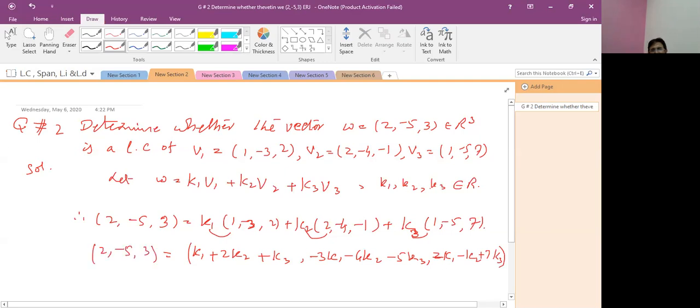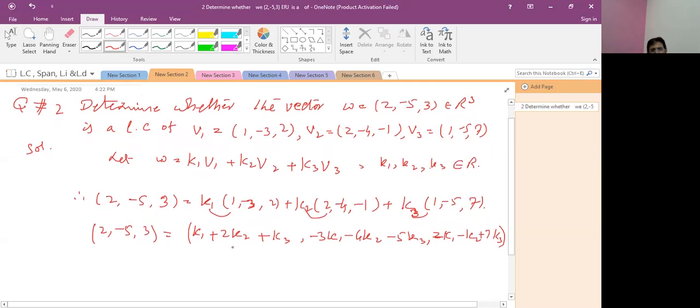In the next step, students, we will equate this expression, which is equal to this expression, which is equal to this. So it means three equations will be formed.